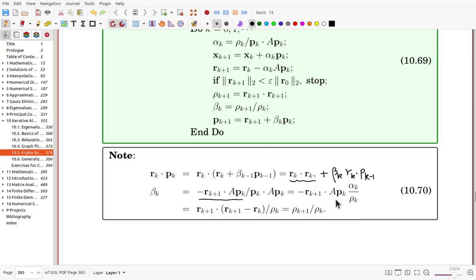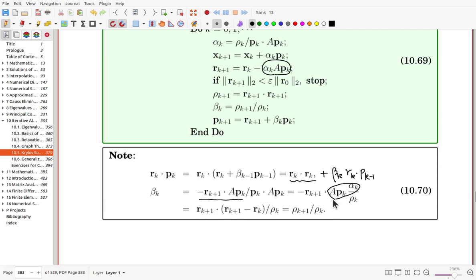Now, from here, A p_k alpha_k, let's try to find this term. Here we have that one. So this is the same as r_k minus r_{k+1}. Along with this one, now we have r_{k+1} here, along with the negative of this one.